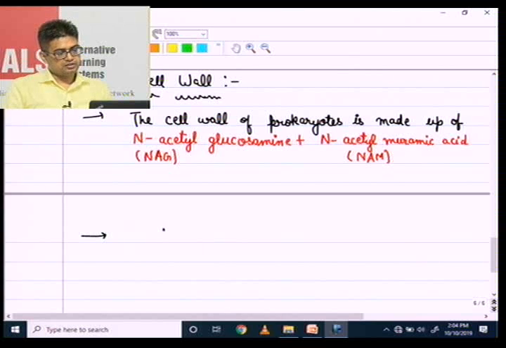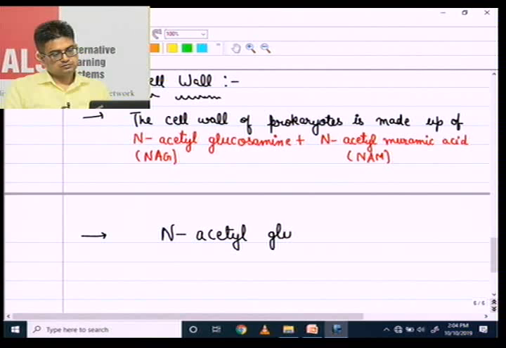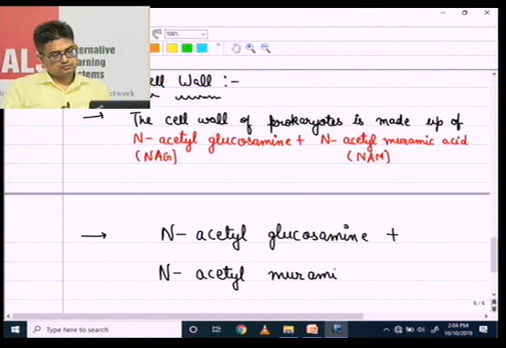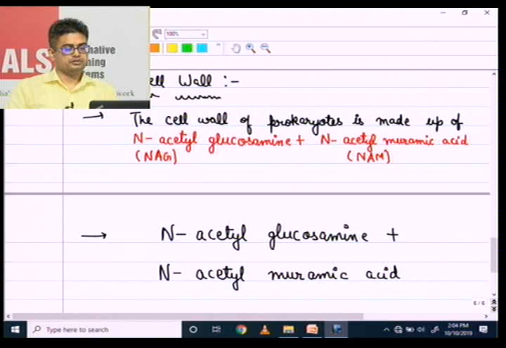N-acetyl glucosamine plus N-acetyl muramic acid. I hope it is visible now.